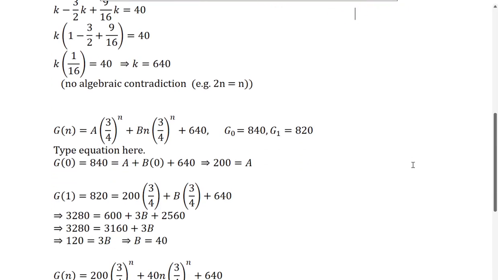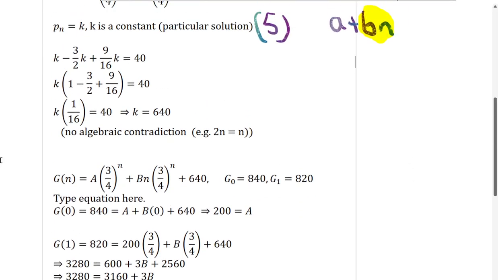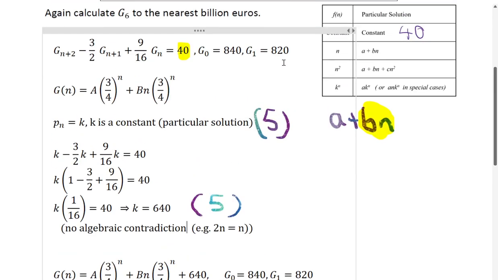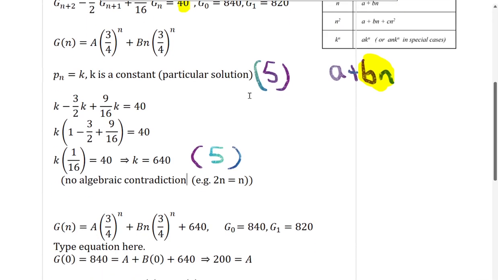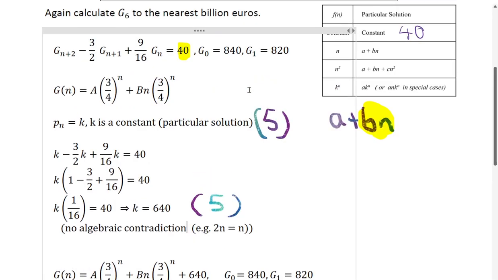So where are we at? Okay. So getting K equals 640 got us 5 marks. And the weird thing is the marking scheme has a whole bunch of lines for that, even though it's very simple for what I've written down, but it's still 5 marks. So right now, without doing too much stuff, it's kind of the same as any difference equation you're going to have done.